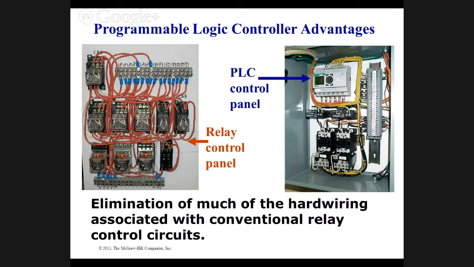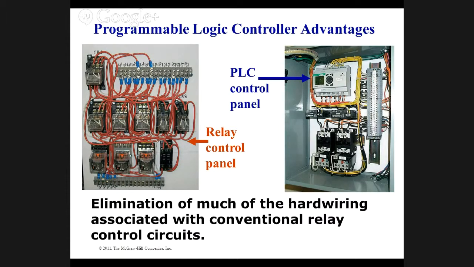One of the advantages of having a PLC is the old way was this on the left, the relay control panel. Panels used to be 10 foot long and would contain thousands of these relays for a very complicated machine. So you can imagine how much trouble it was to troubleshoot that much relay logic.